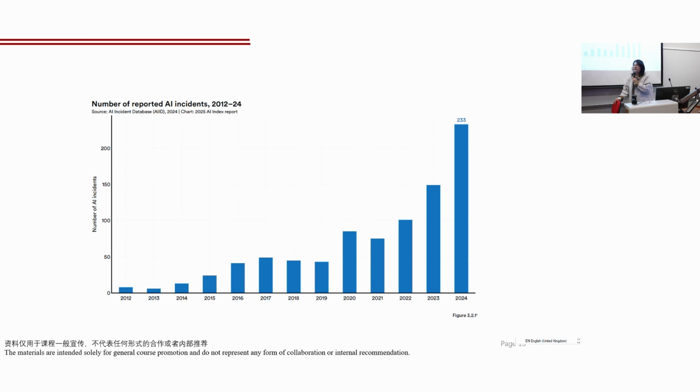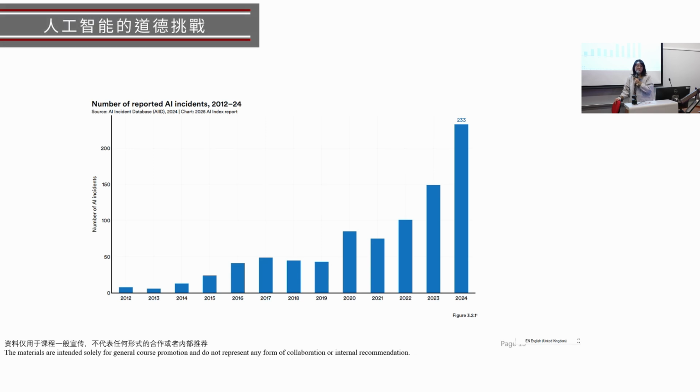Okay, so we finished the part on how we can use AI models to support project management. And we go into the third part, which is about AI ethics. You can see this chart is about AI incidents. The incidents mean some failures, very severe system failures, or some issues related to fairness and transparency.